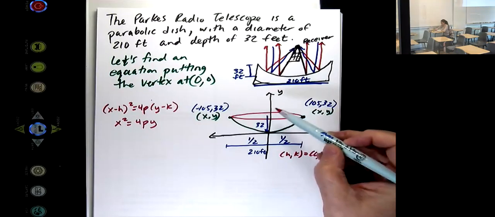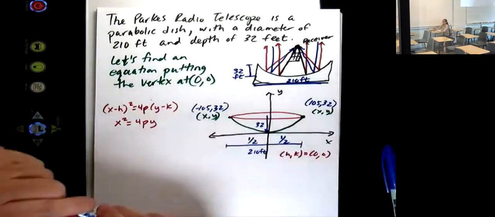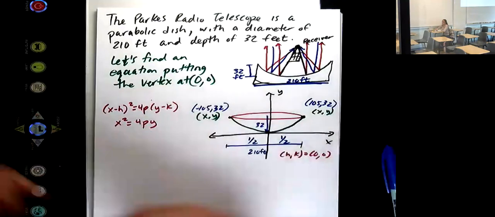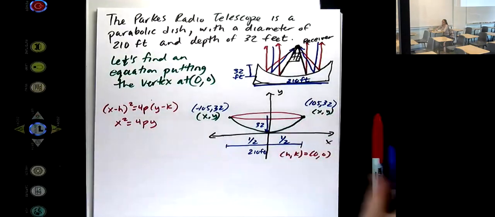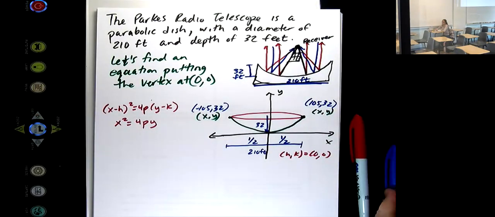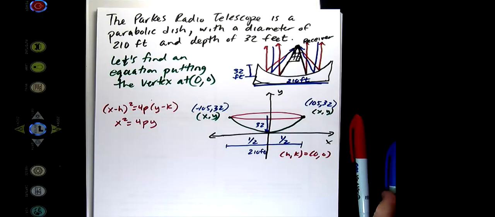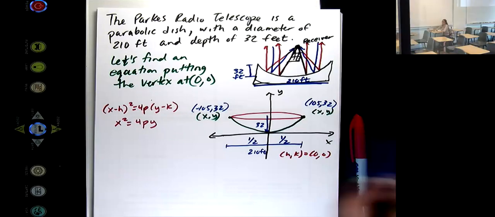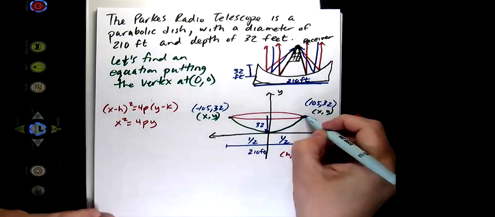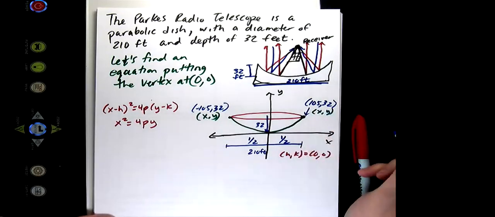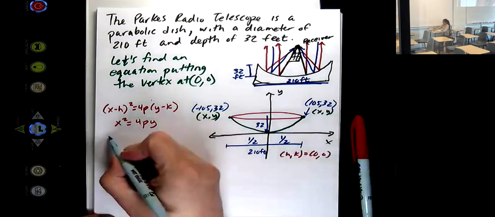So how can I find the focus, which will give me p basically? How do I find p here? We have the point where x equals 105 and y equals 32. And what can we do with that point? We can plug them into the equation and then solve for p.